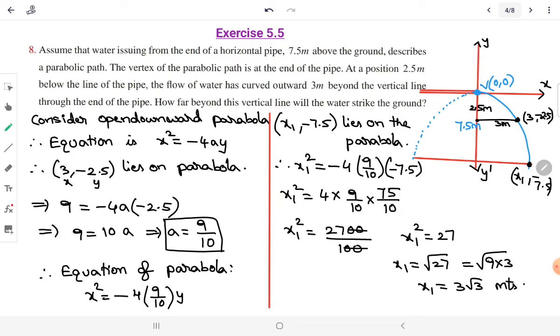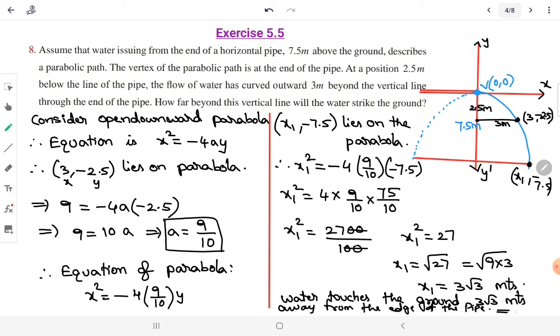Therefore, the water touches the ground 3 root 3 meters away from the edge of the pipe. That's it. 3 root 3 meters is the answer.